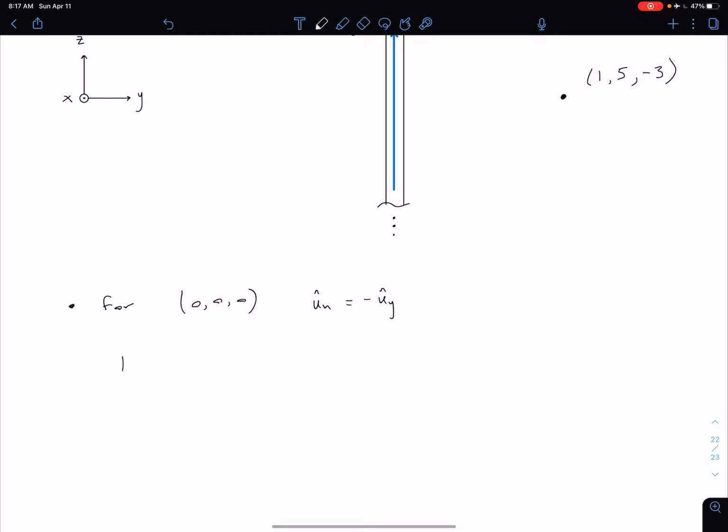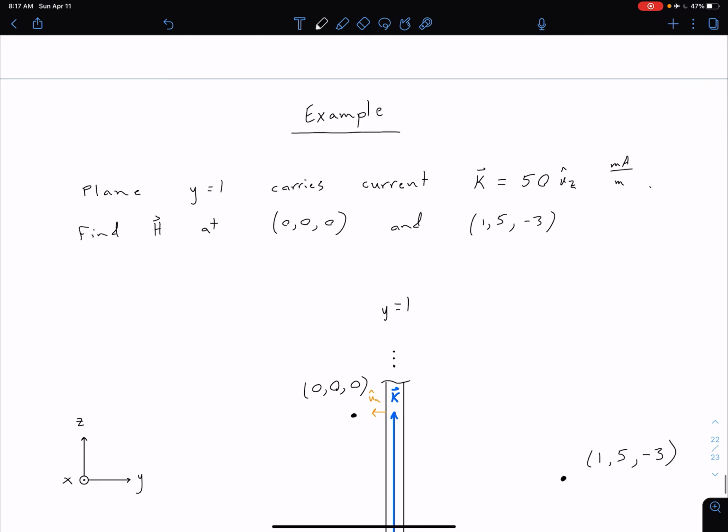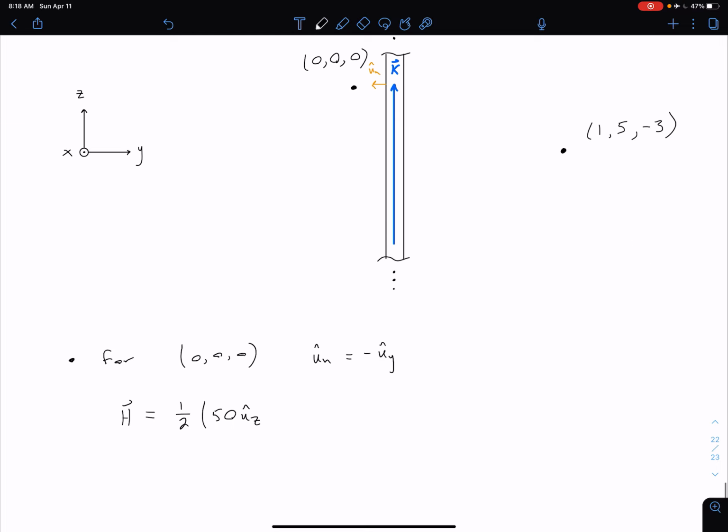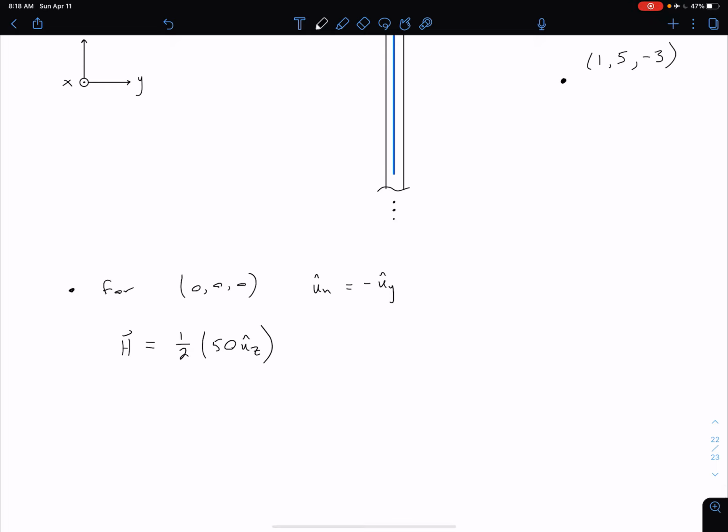Plugging into our equation then, we have that our magnetic field intensity is 1/2 K. Our K is 50 in the z direction, milliamps per meter, which is our given information up here. That's crossed with our unit normal vector, which we just said is negative y.